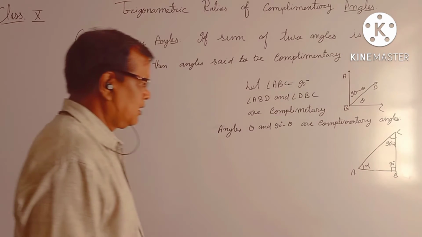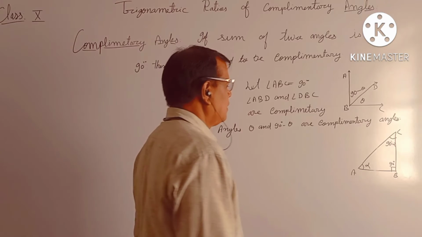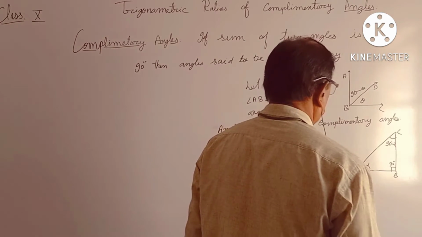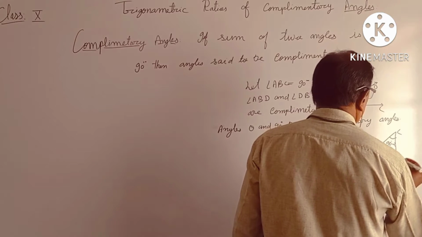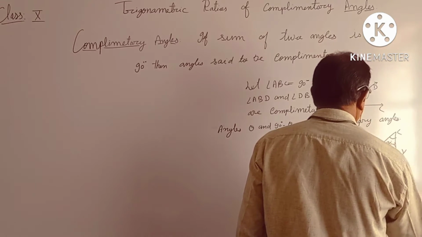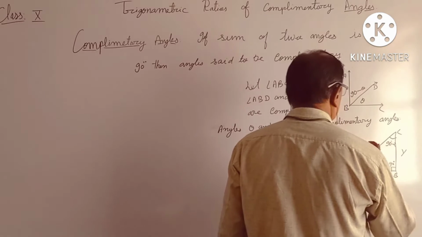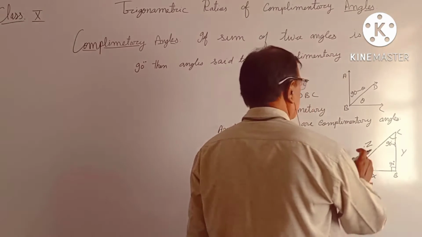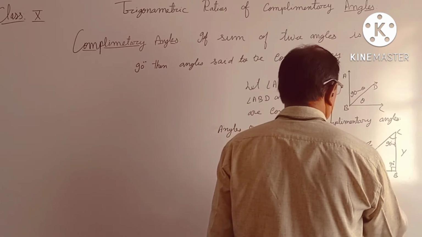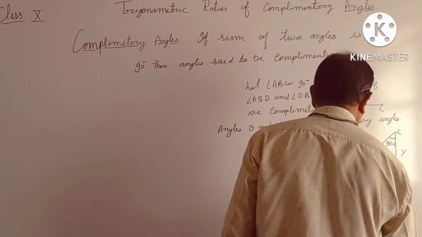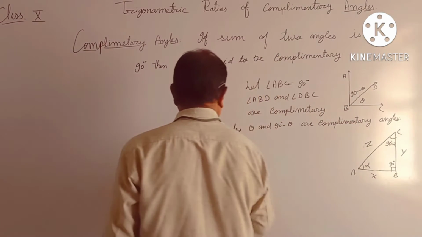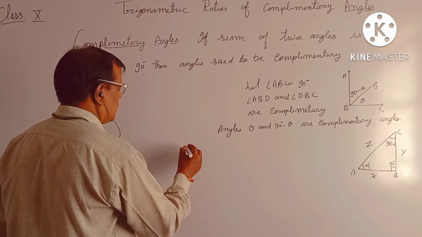Now as we are seeing in right angle triangle ABC, here the base is x, the perpendicular is y, and the hypotenuse is z. Now we write the ratios for the angle A. Angle A is alpha.